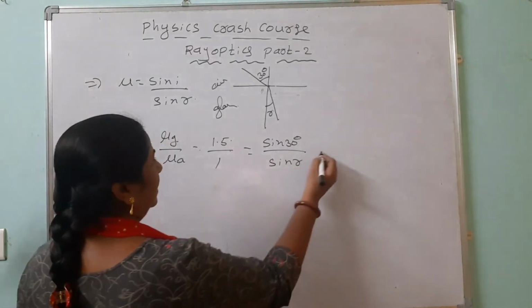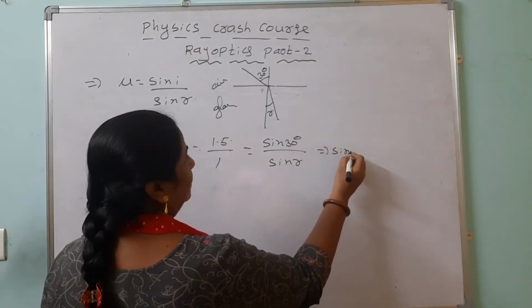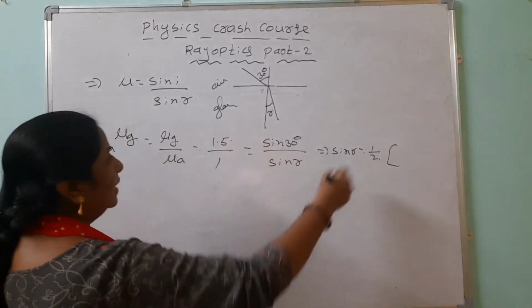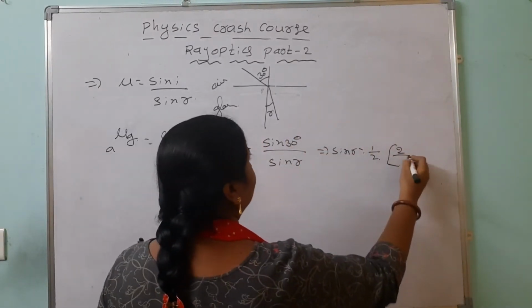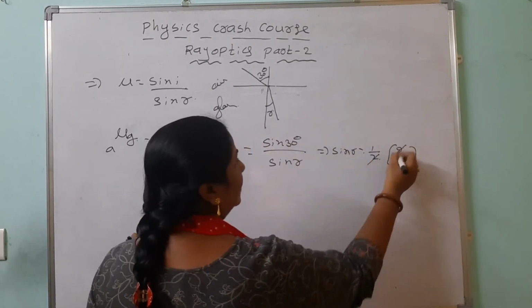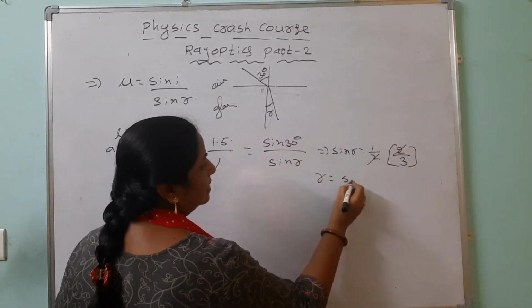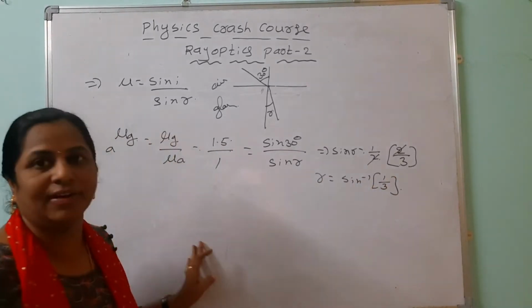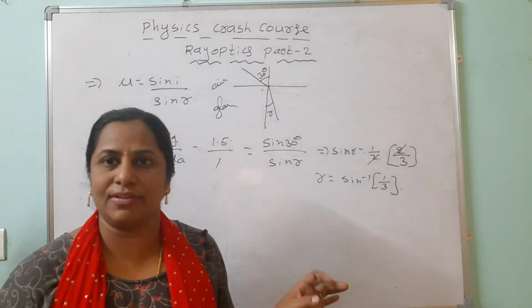Look here: sine R equals, sine 30 is 1 by 2, and it becomes 2 by 3, because this is 3 by 2. After simplification, R equals sine inverse of 1 by 3. This is the angle of refraction.